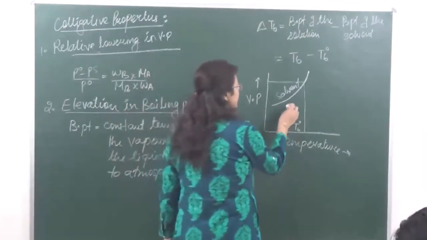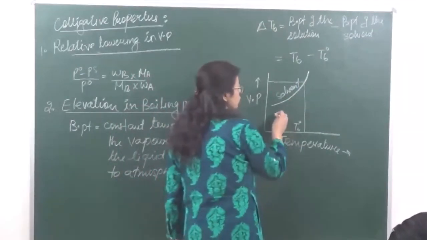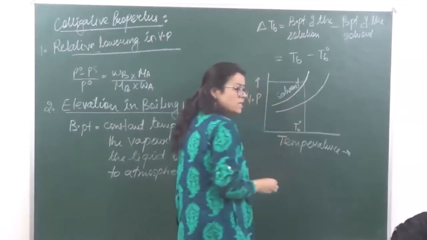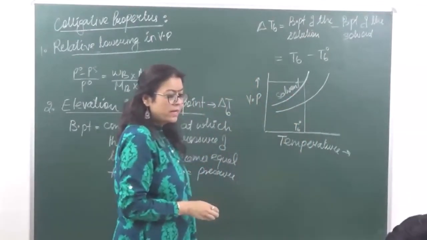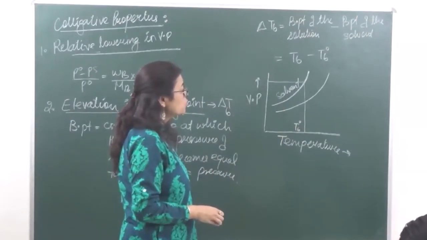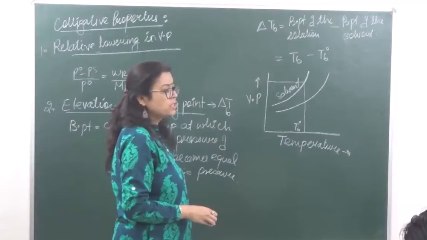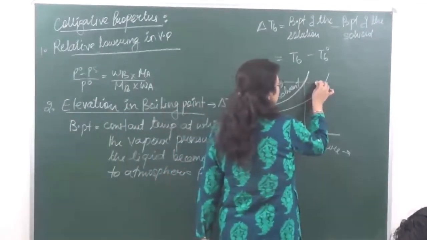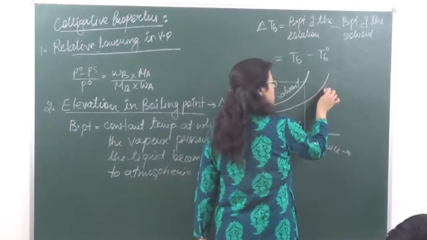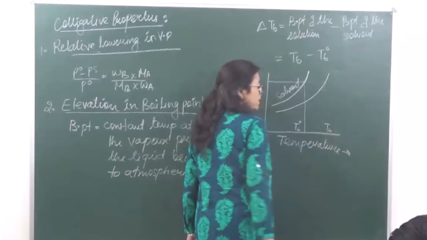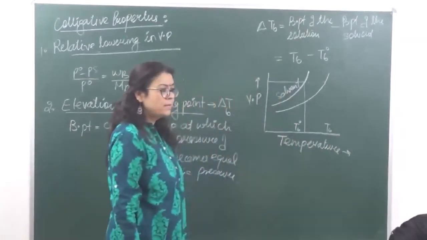Okay, and then when we add a non-volatile solute, the graph is seen to come like this. Again, for the vapor pressure of the solution also, with temperature the vapor pressure is going to increase. Now the temperature at which the vapor pressure becomes equal to atmospheric pressure is going to be Tb.